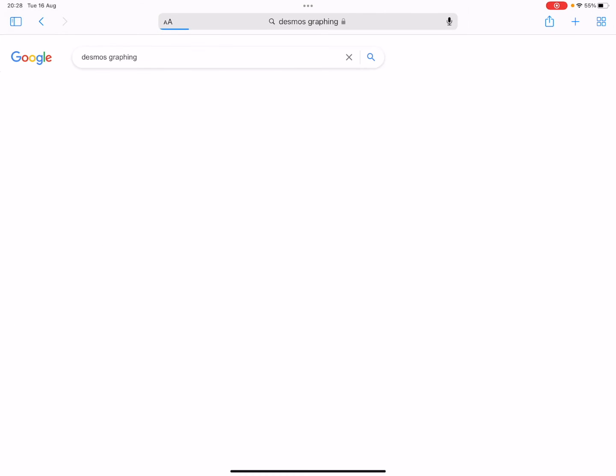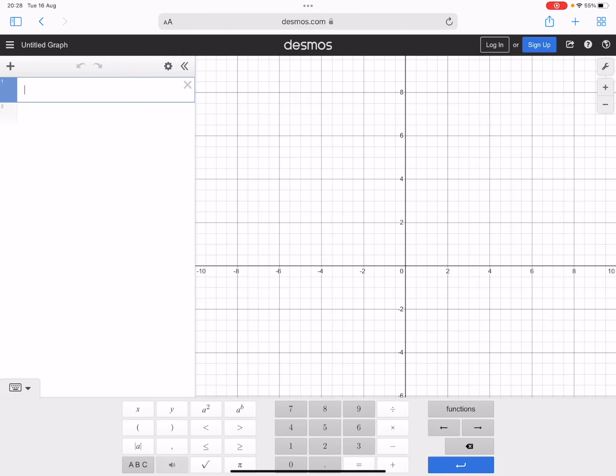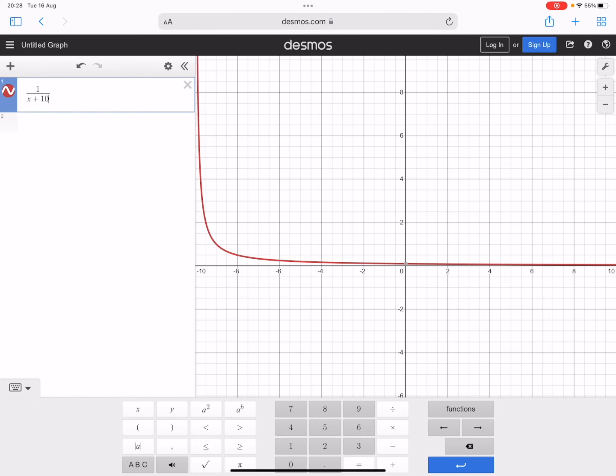So let's have a look at it. If we had 1 over x plus 10 to the 6, we said, 1, 2, 3, 4, 5, 6.